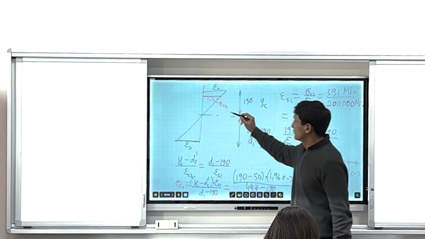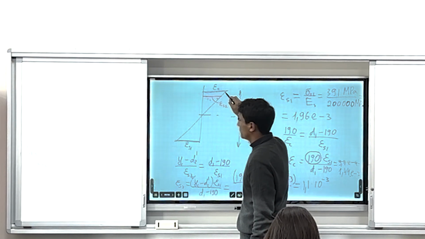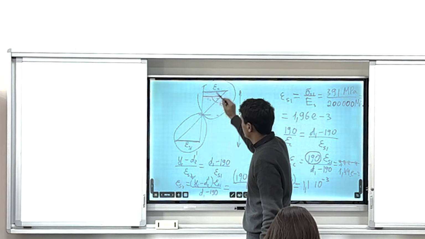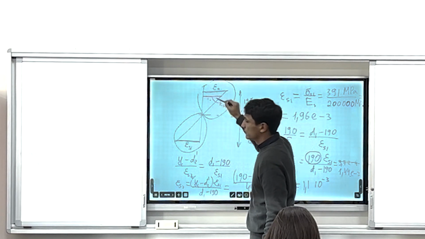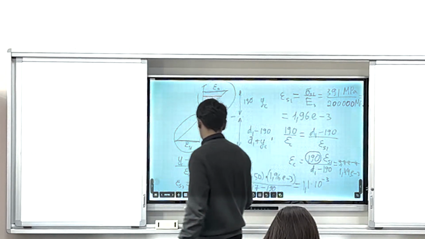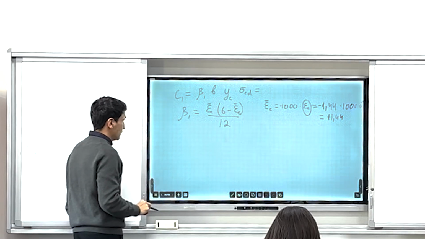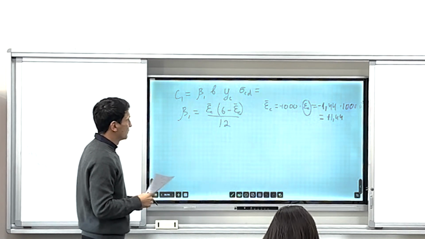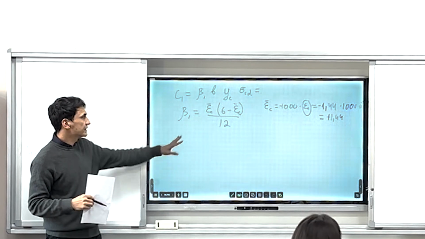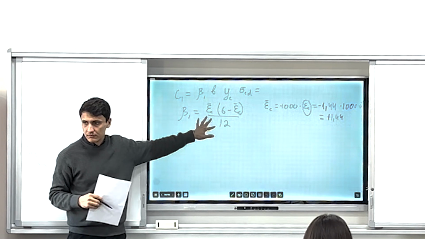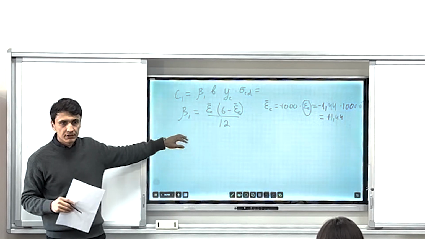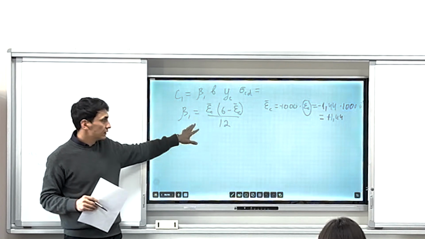This part is compression and this part is tension, so everything in the compressed part will be minus for epsilon c. The equation itself is already given, and I will share the description of this with you.